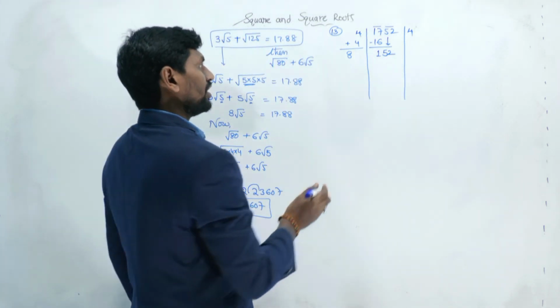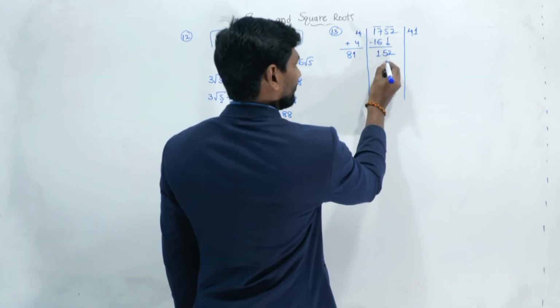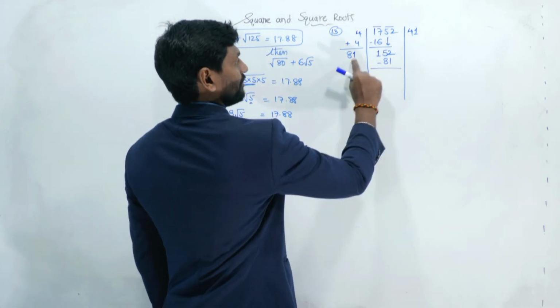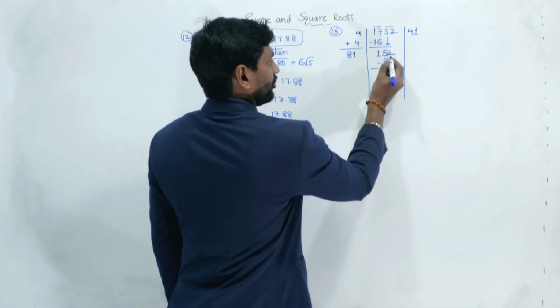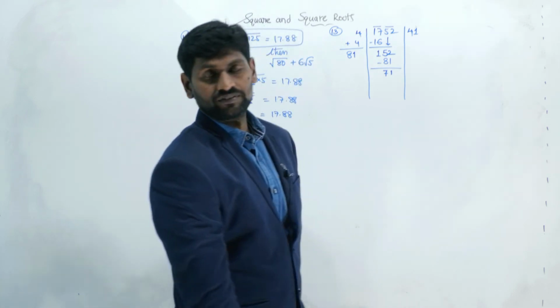So I take 81 1s, which is 81. Here and here the same number we should take. If you take 1 here, you take 1 there. 152 minus 81 is 71.